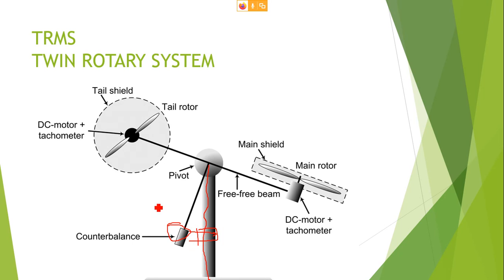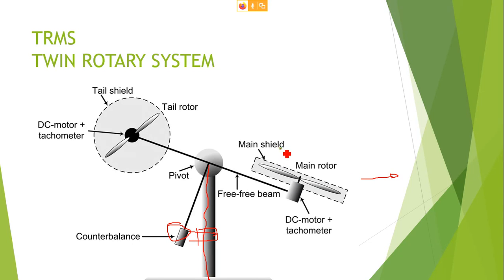For example, assume a helicopter here, mounted onto the counterbalance. The counterbalance is the helicopter body. How will the commencement happen? If the forward movement has to take place, what happens?